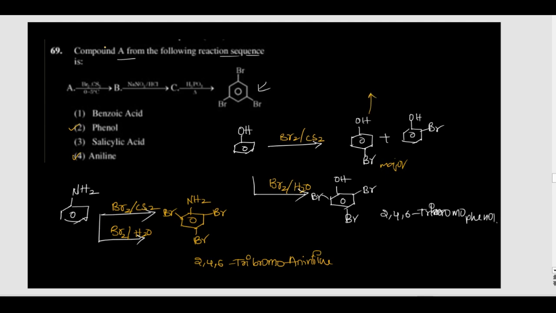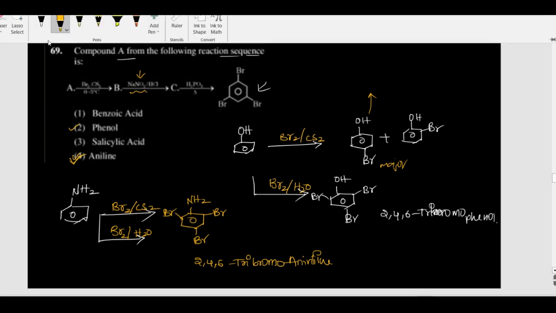If you treat with NaNO2 HCl, it clearly shows that it will form diazonium chloride. Only when you have aniline will it do the reaction and move forward. So aniline is the correct option. After that, they have given the reagent NaNO2 HCl.